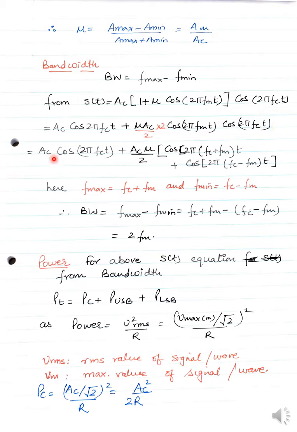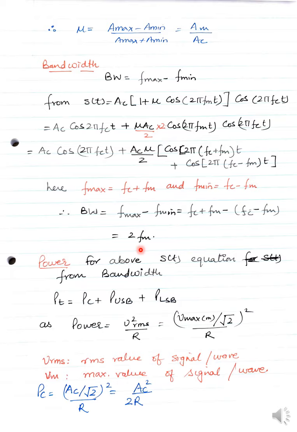Applying it, we get this. Now, what is the maximum frequency we are getting? It is fc + fm, and the minimum is fc - fm. Bandwidth is always maximum frequency minus minimum frequency, so it equals twice fm.